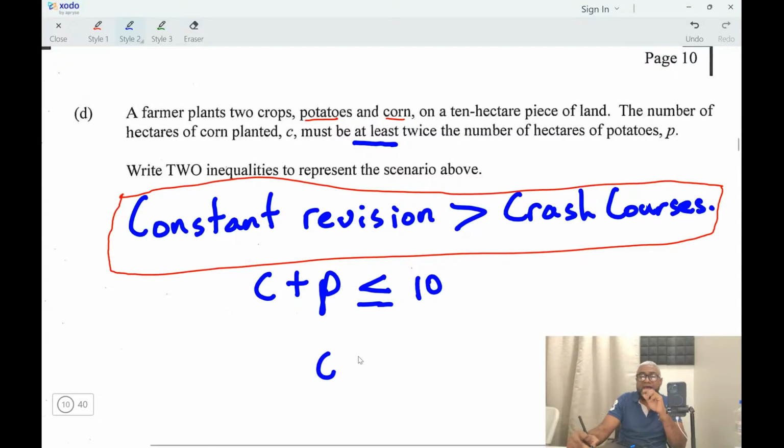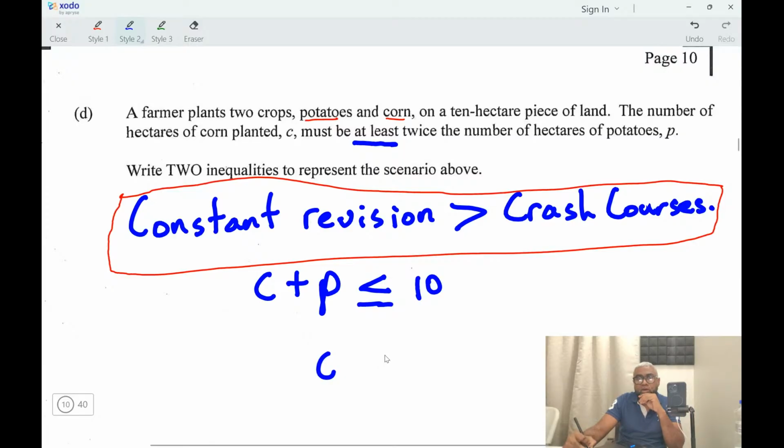So corn at least means what? If I say go in the shop and bring at least 5 Coca-Colas, we're talking about 5 Coca-Colas or less, right?